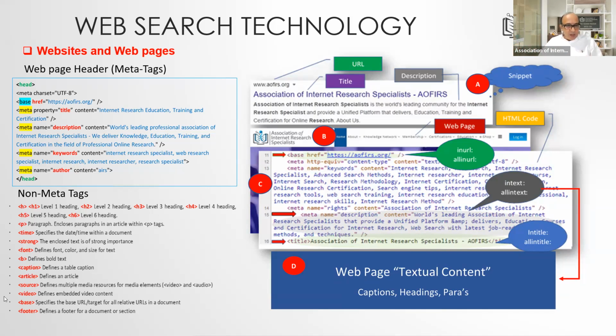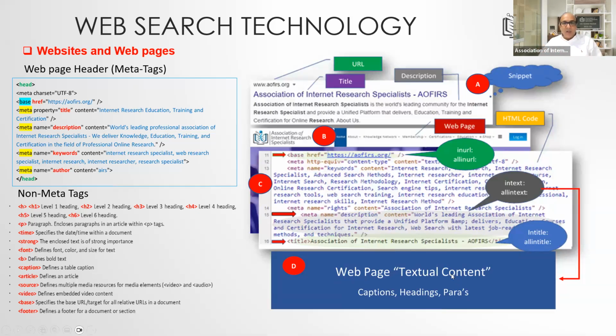There are also tags like source, which record what type of file it is, whether it is a video or not. All these are noted, and the text inside of these tags is compared and matched for those words.